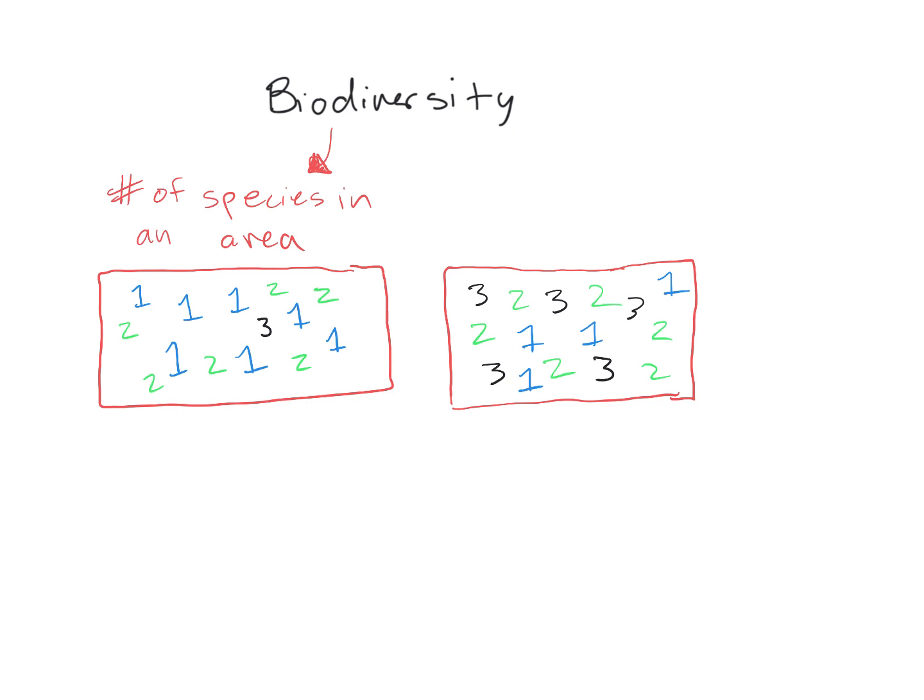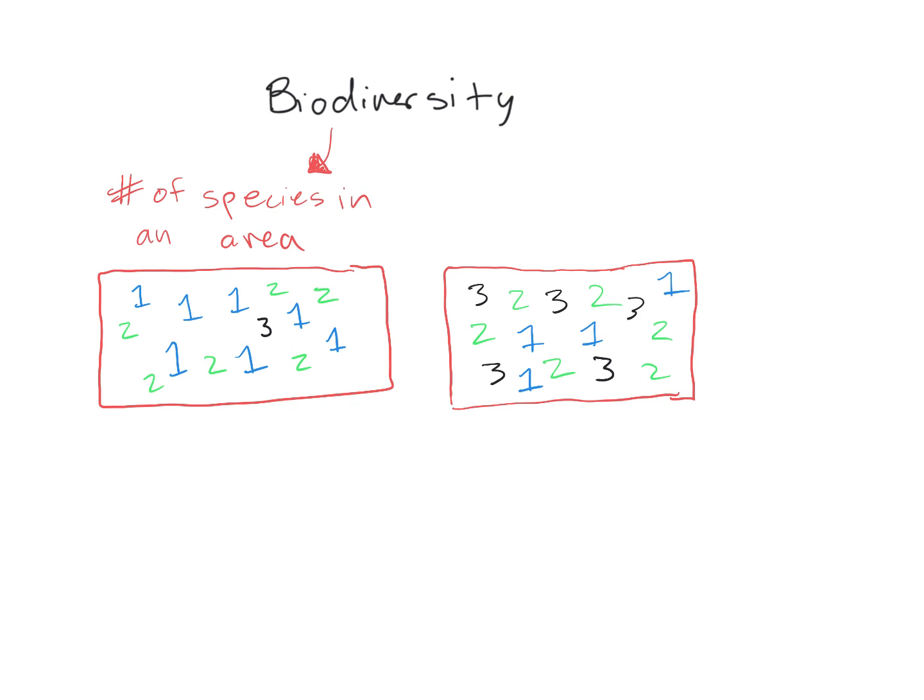All right, is the biodiversity the same in these two plots? The number of species per area? Oh, yeah, because it's still 3. It is, right? But what information am I missing if I'm just calculating diversity? Species 3 is all by itself, even though there's still the same number of species in each area.